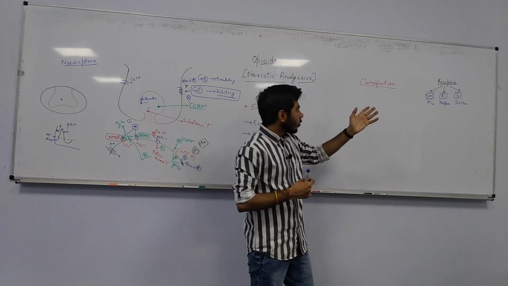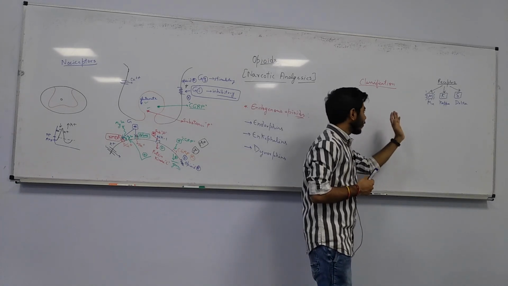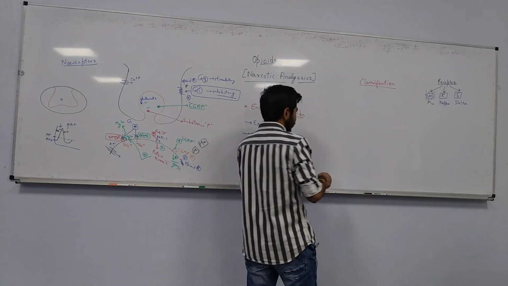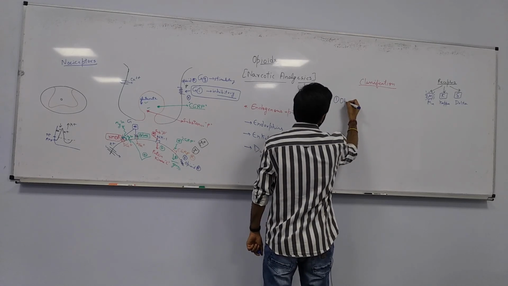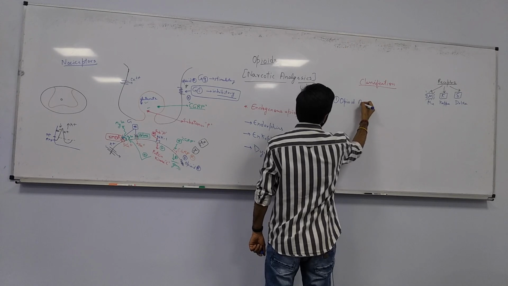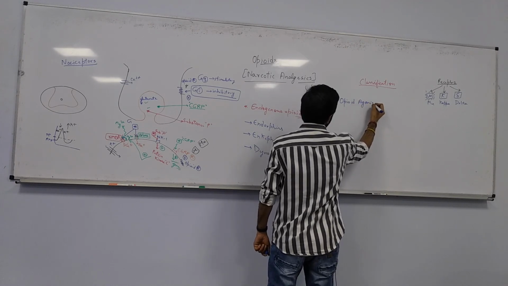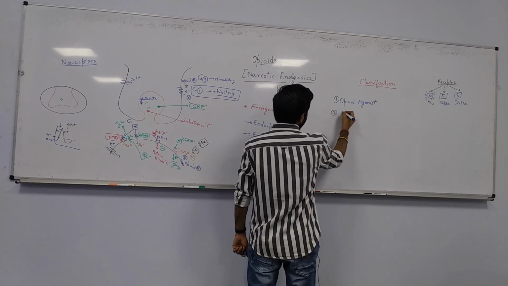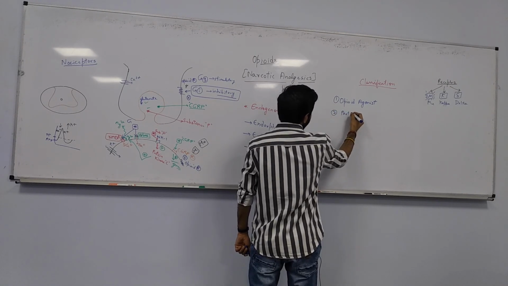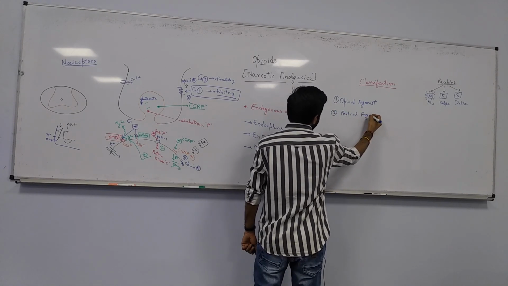So let's talk about the classification now. We will be more clear about the receptors then. First one, we are having the opioid agonist. Second one, we are having the partial agonist, partial opioid agonist.